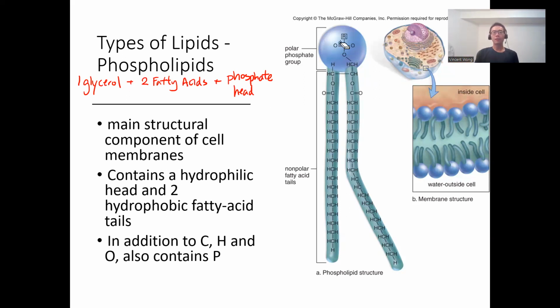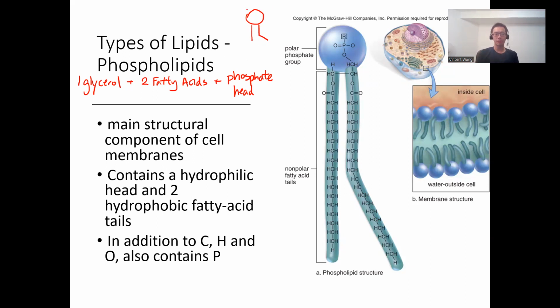Now, the phospholipid is a special molecule because it has 2 very opposing parts. Usually we draw phospholipid like this. The tail could be straight or it could be kinked like that. It doesn't really matter for now; we'll explain the difference later on.